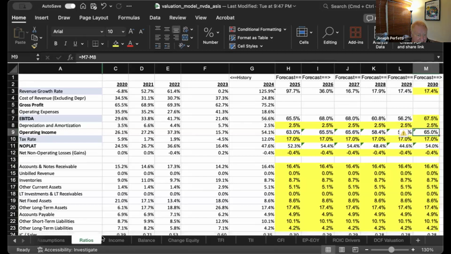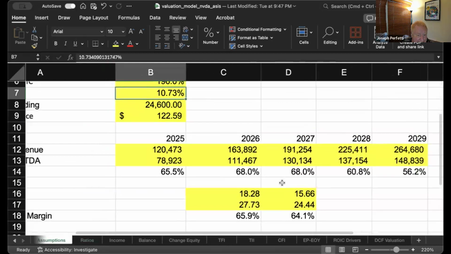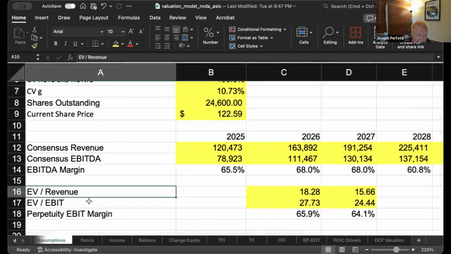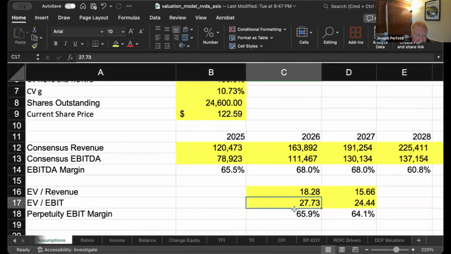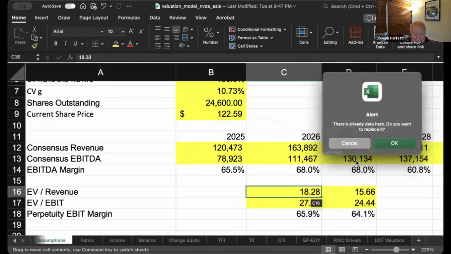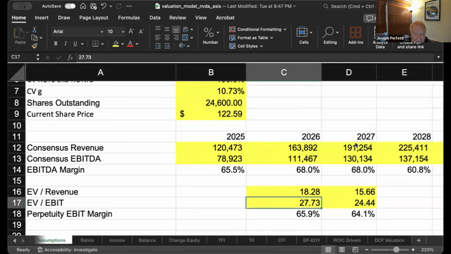And so what we did on the assumptions is we used the trading multiples, EV to revenue and EV to EBIT, that said if we divide the two, that gives us a range of what the perpetuity EBIT margin likely is based on the trading multiples of Nvidia at the time of the valuation. So somewhere between 64% and 66% is the perpetuity EBIT / operating income margin.